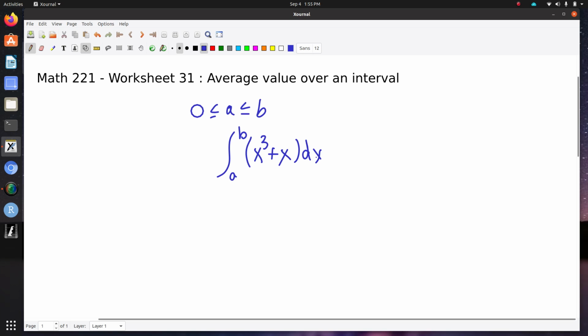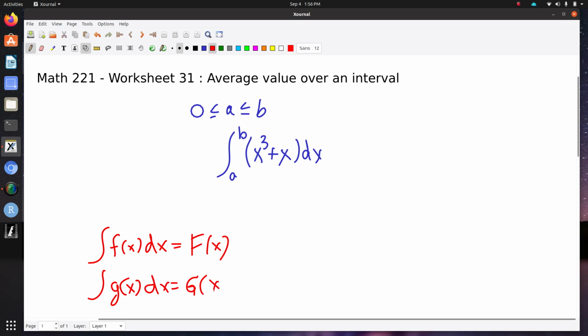All right, so a couple of things I guess to just make sure you know about integrals. If you have the integral of f of x dx equals capital F of x and the integral of g of x dx equals capital G of x, these are additive, and you can multiply a constant in front of them too.